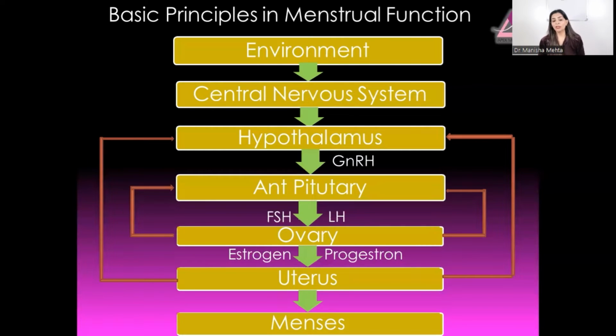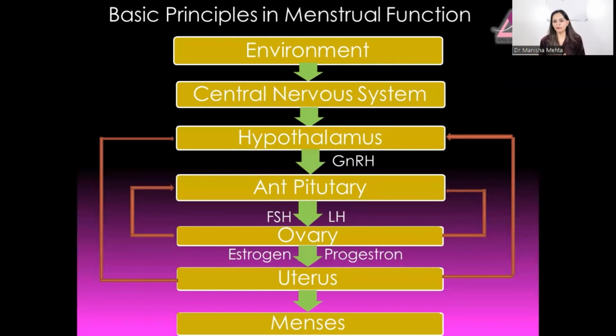Now, on the other hand, if you do serum FSH and you see a very low serum FSH, this means that either the hypothalamus or the pituitary is not working. It is not very important whether the problem is with the hypothalamus or the anterior pituitary.